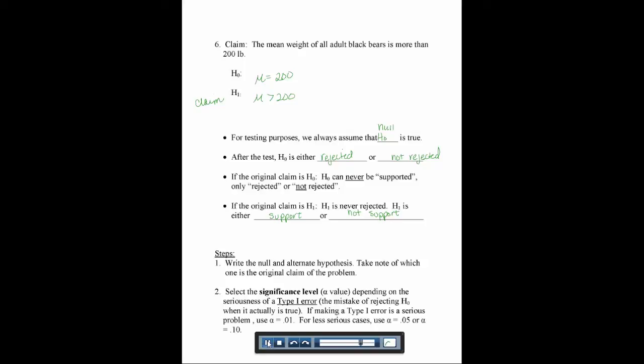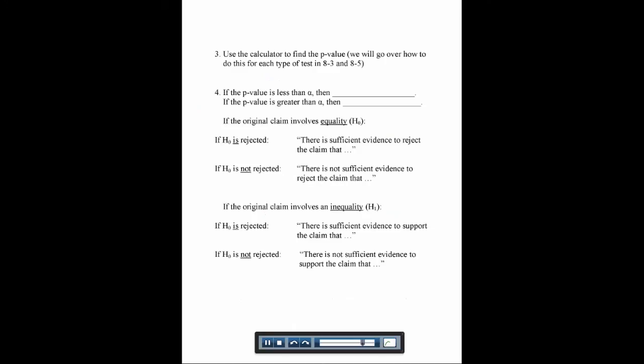Now, just like when we had confidence intervals, we're going to have a significance level here. It depends on how serious you want it to be. So we'll talk about either having a 1% error, a 5% error, or a 10% error. Then we'll use a calculator to find what's called a p-value, and this is the probability of this actually happening. Depending on what type of hypothesis test we're using, we'll talk about how the calculator can find that p-value for you.